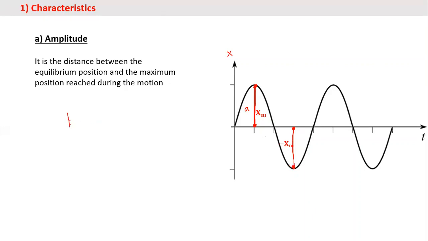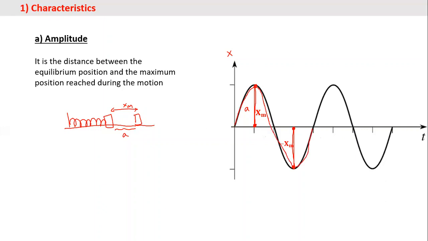So if you have this horizontal spring, and for example, we elongated it by a certain distance, xm, then this xm is what you call the amplitude of the oscillation. And as we can see, if I take one cycle, then we'll have 4 amplitudes.